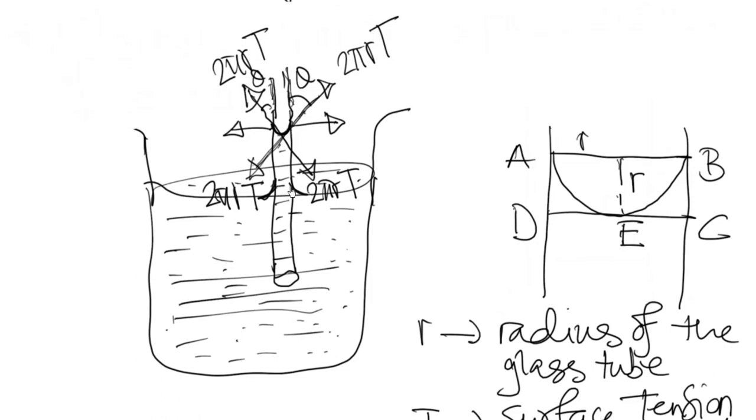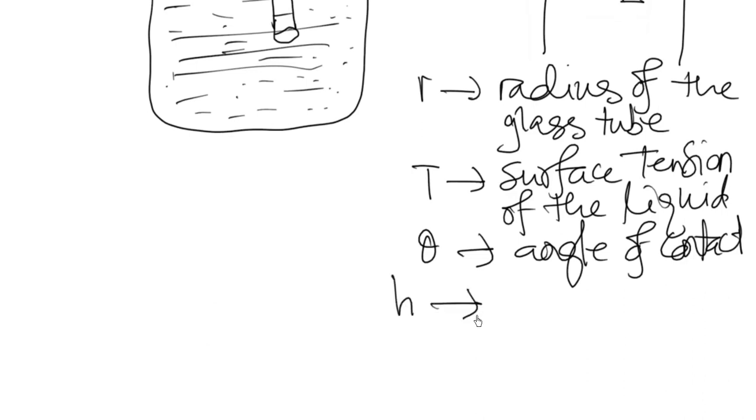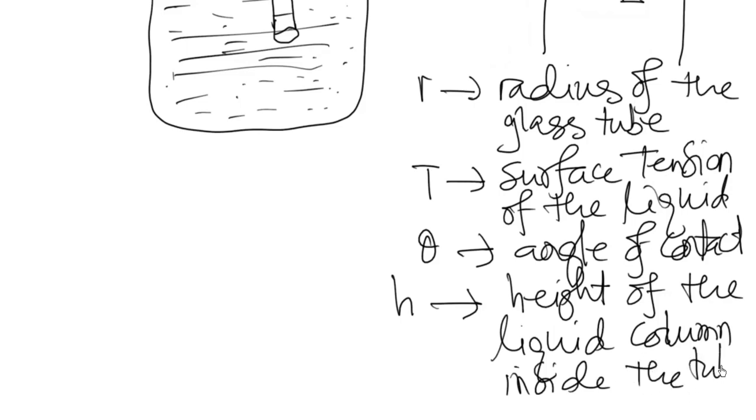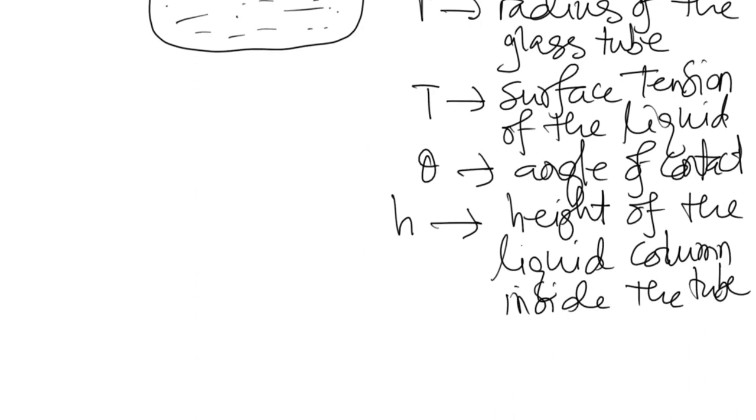So this height is small h, the height of the liquid column inside the tube. Let the density of the liquid be rho.